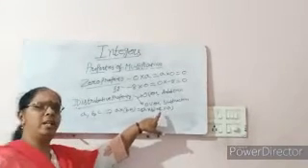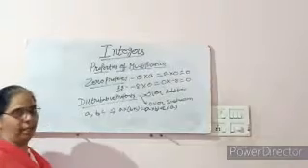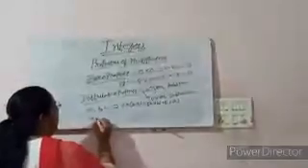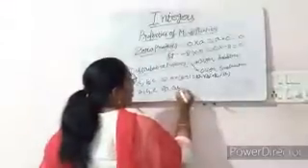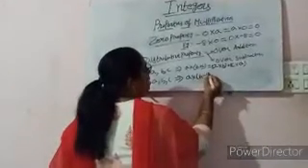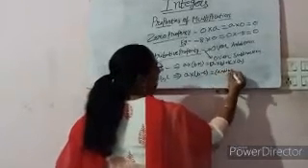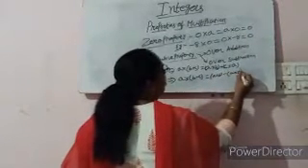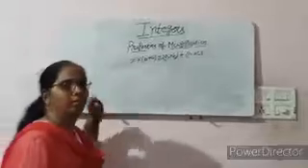Or you can write it as a into b plus c into a. Next is over subtraction. So a, b, c are three integers. Then a into (b minus c) is equal to a into b minus a into c. This is the distributive property over subtraction.